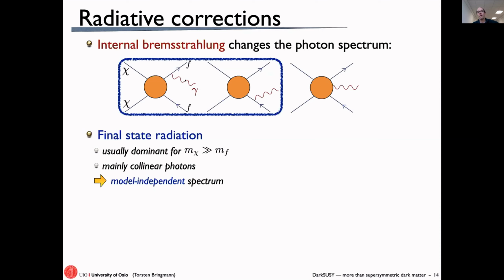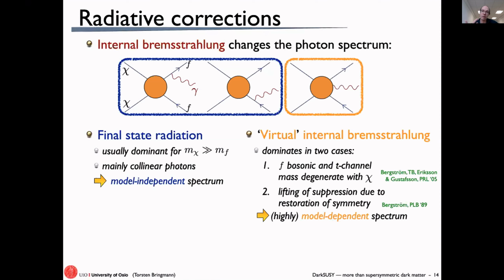The point is that these final state photons will dominantly be emitted in a collinear way, and that leads to a model independent spectrum that only depends on the ratio of the center of mass energy and the final state mass. On the other hand, there are two types of interesting situations where this kind of process can dominate over the model independent part.